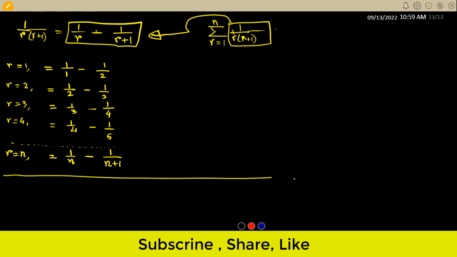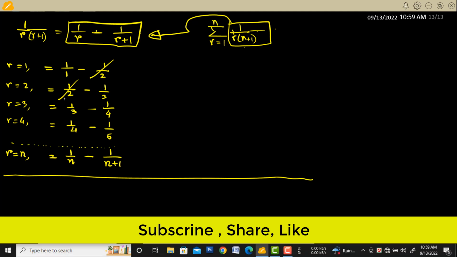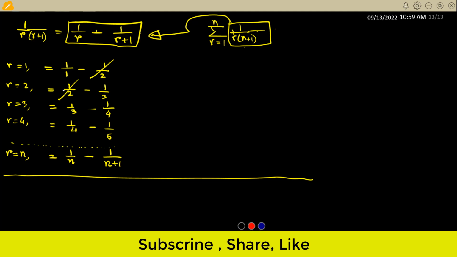Now if we add these terms, what can we say? This is negative half and this is positive half. When we add, these two terms will be cancelled. This negative 1 by 3 and this positive 1 by 3 will cancel. 1 by 4 and 1 by 4 will be cancelled. 1 by 5 and the next term's first component 1 by 5 will be cancelled.